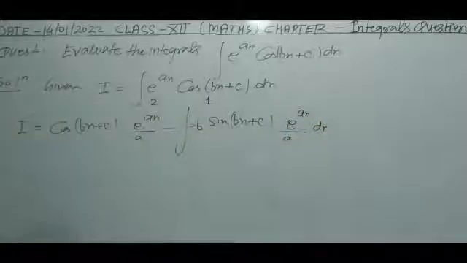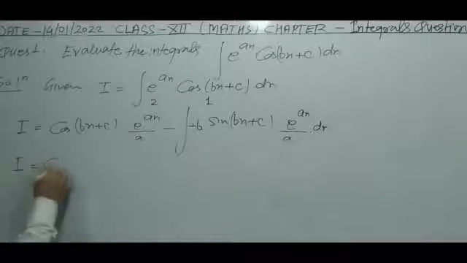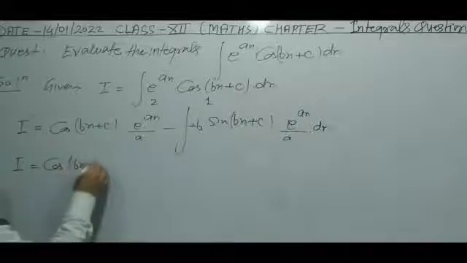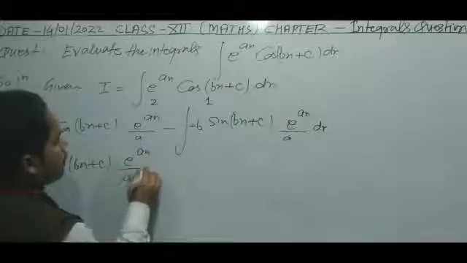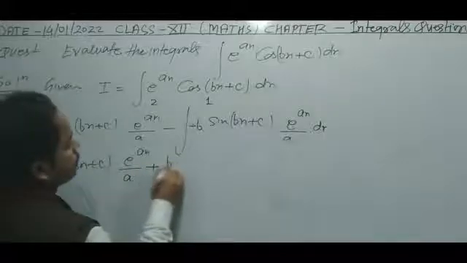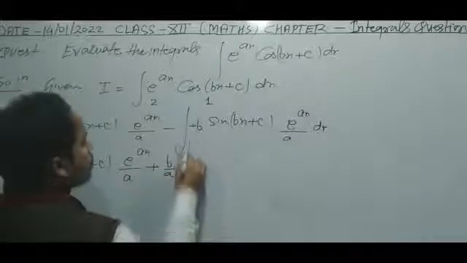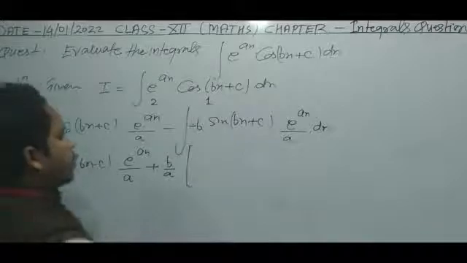Now minus b by a will be plus b by a. Now this is the result: cos (bx plus c) into e to the power ax by a, plus b by a times this integration.